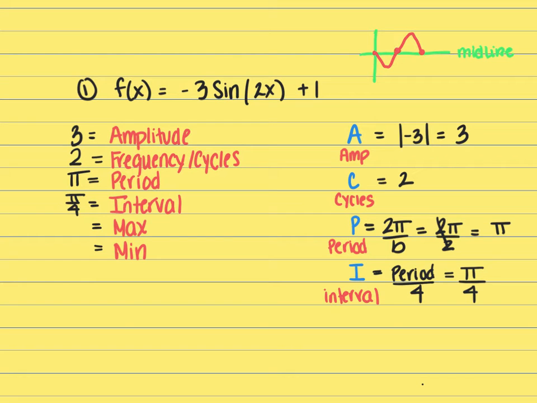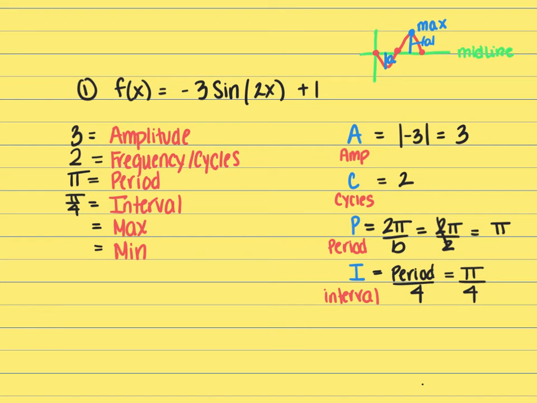Looks something like this. We know that the max value, which is up here, is spaced over the midline, more specifically by the amplitude value. So if you take the midline and add the amplitude, you'll get the maximum. If you take the midline and subtract the amplitude, you'll get the minimum.